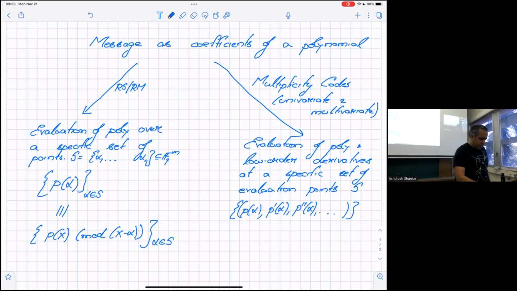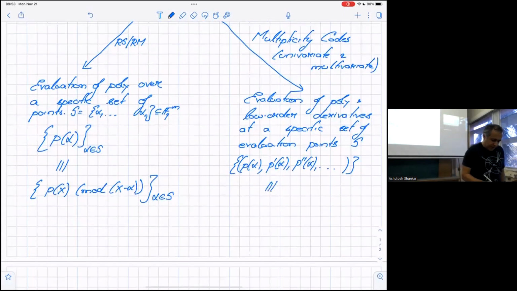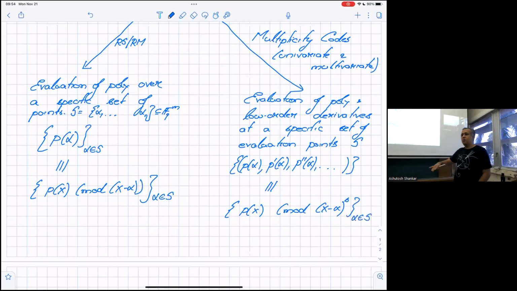Equivalently, this will be the same as giving P of X mod X minus alpha to a power, that is, the low order truncation of the polynomial P of X in powers of X minus alpha.